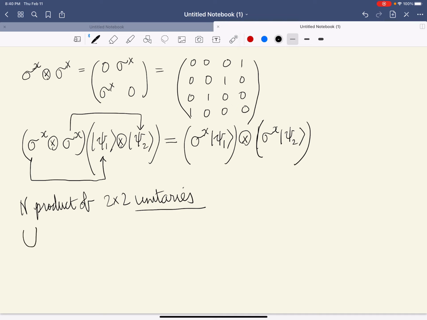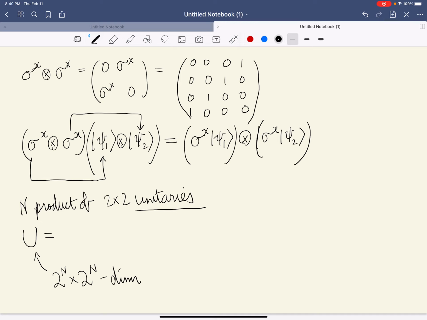So the overall unitary matrix is actually 2^n by 2^n dimensional, because the Hilbert space for the n-qubit system has dimension 2^n. So the unitary matrix acting on such a Hilbert space has to be 2^n by 2^n dimensional.